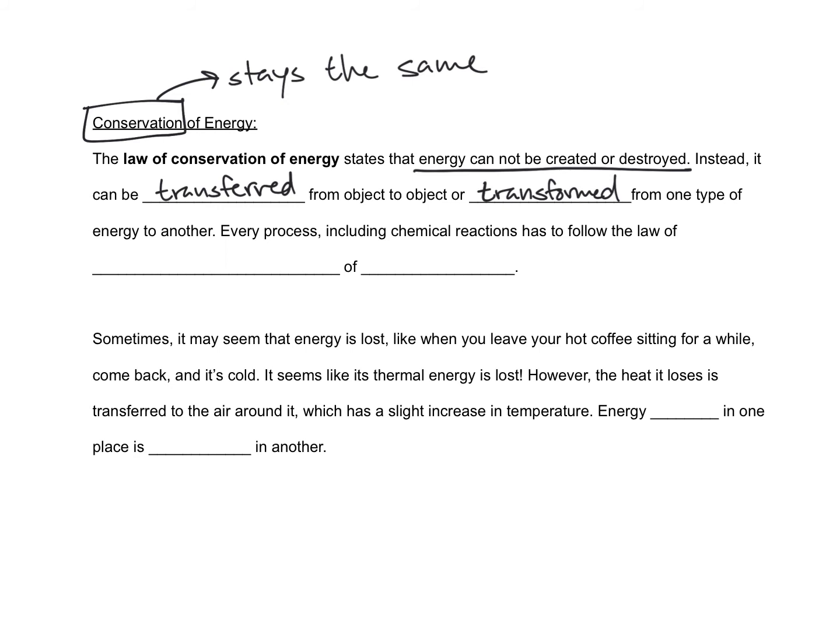So your body takes food, which stores chemical energy, and it releases that energy, allowing you to change it to kinetic. So you're not actually creating the energy, you're just transforming it from chemical to kinetic. And this law is true almost everywhere. So our sentence here is every process, including chemical reactions, has to follow the law of conservation of energy.